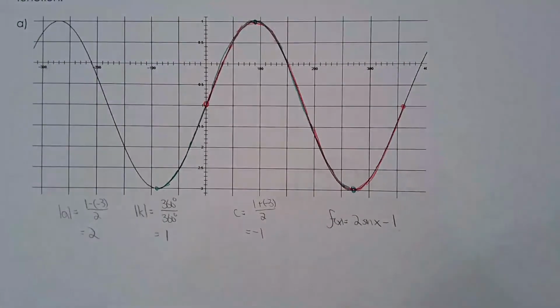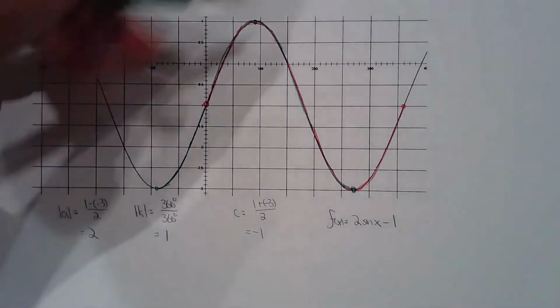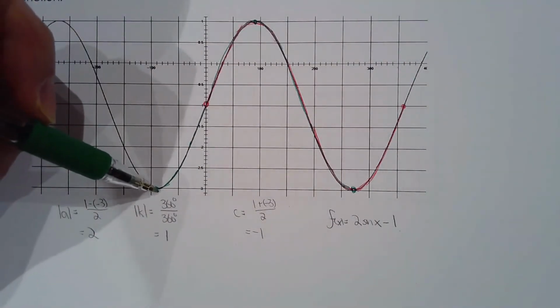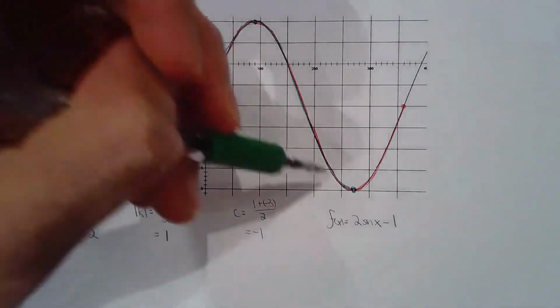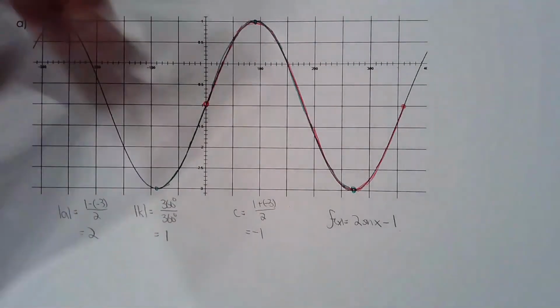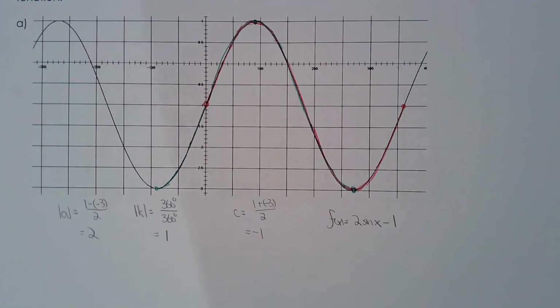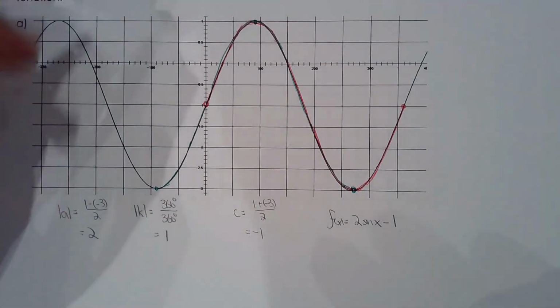See? Another cycle. So if I started here, I'm visualizing this as a transformed cosine function as opposed to a transformed sine function.